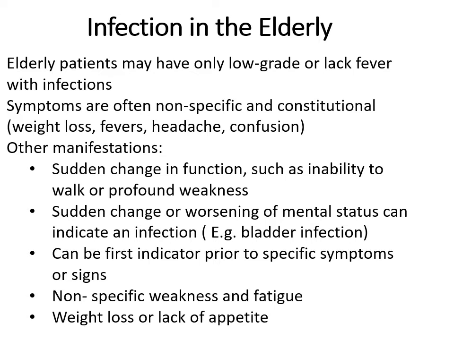They may just come in confused and weak as their presenting symptoms. Nonspecific weakness and fatigue is very common in the elderly. And as I mentioned before, weight loss, lack of appetite, just very vague symptoms that don't really connect to any particular organ yet.